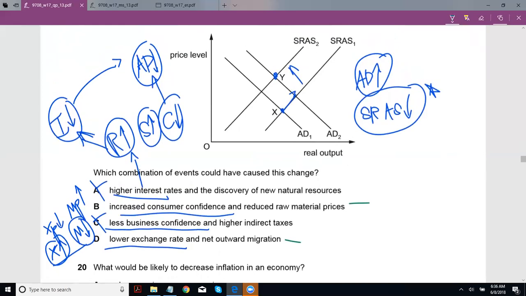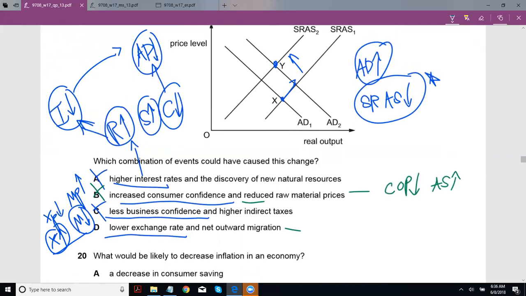Now, if there are reduced raw material prices, then your cost of production goes down and your aggregate supply increases. Well, that's not happening here, so you can cross that out. If you look at D, net outward migration basically decreases your labor force, decreases the potential of the economy, and hence it would definitely shift your long run aggregate supply inwards, but it also has an effect on your short run aggregate supply.